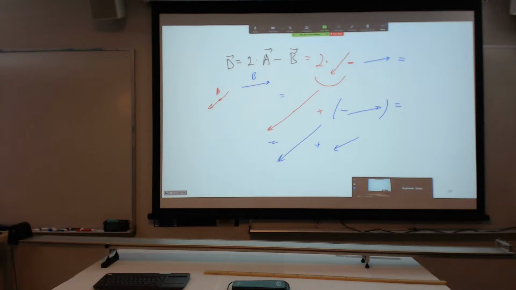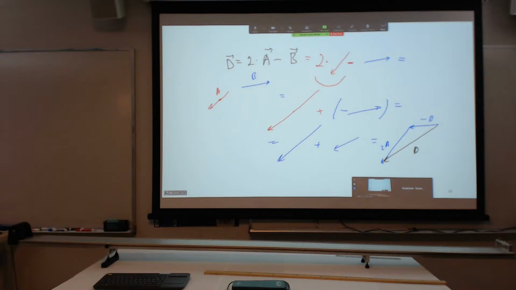Yeah, you flip it. That's going to be negative B plus 2A. So the result D should look something like this, and you should have an arrow like that.